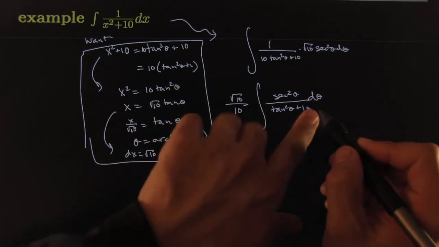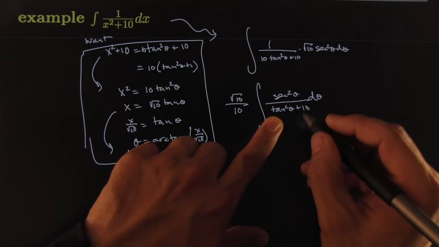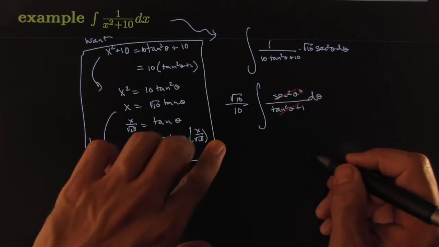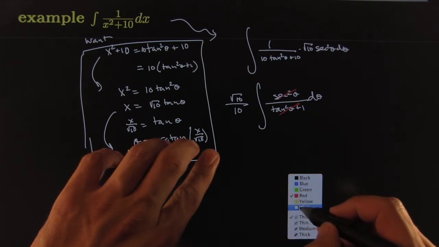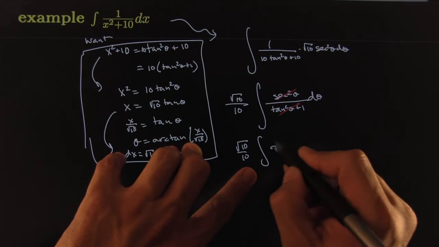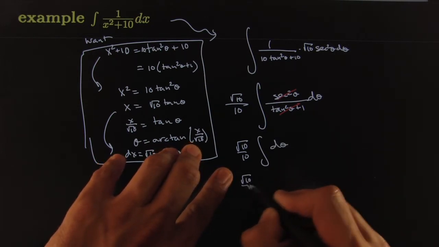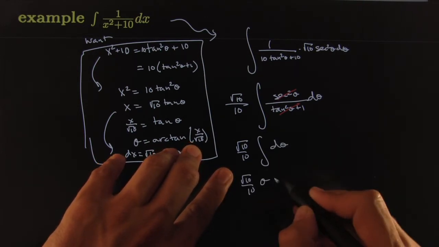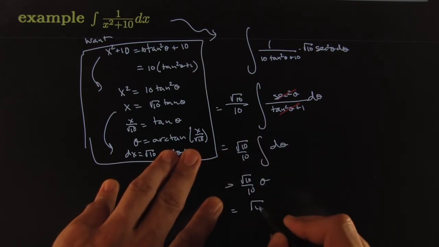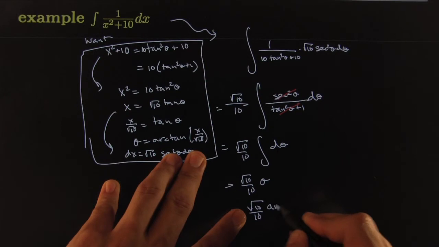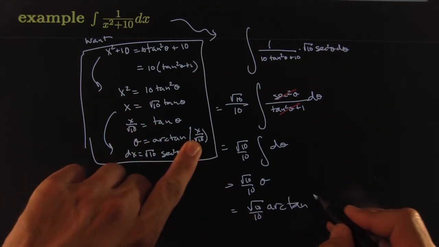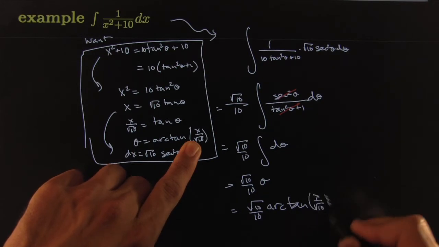The bottom is famously known to be secant square theta, so I can exchange that for secant square and cancel it with that, leaving you with square root of 10 over 10 times d theta, which becomes the square root of 10 over 10 times theta, which we agreed was equal to square root of 10 over 10 arc tangent, back to my dictionary, x over the square root of 10 plus C.